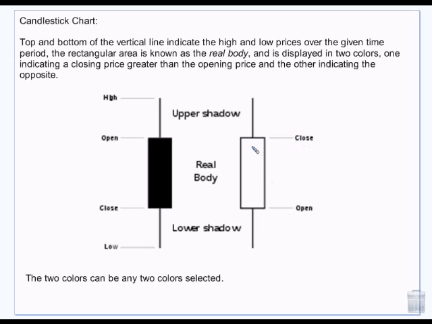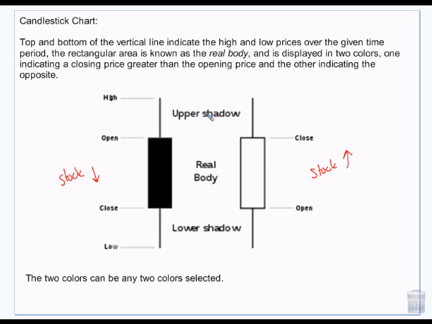So if the stock went up, it's white. If the stock went down, it's black. If they're using red and green, this would be red, this would be green. And like I said, it could be any two colors selected.